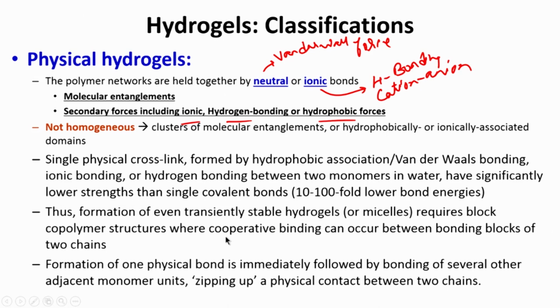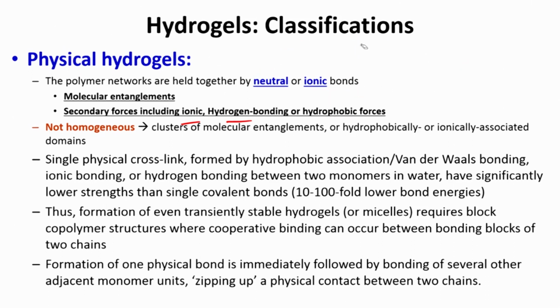And then the formation of one physical bond is immediately followed by bonding of several others. So basically you are talking about zipping up these contacts. You can have one bond forming between these two. Let us say this is AAA from one chain and this is BBB from another chain, and as soon as they come in contact and start interacting, these surrounding atoms are also close together.